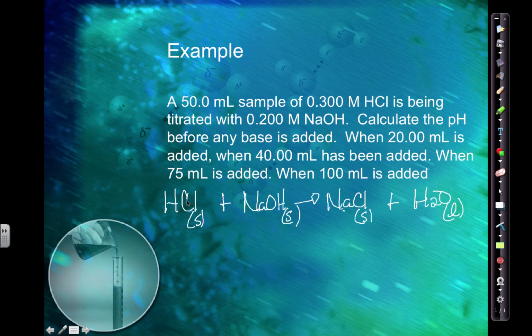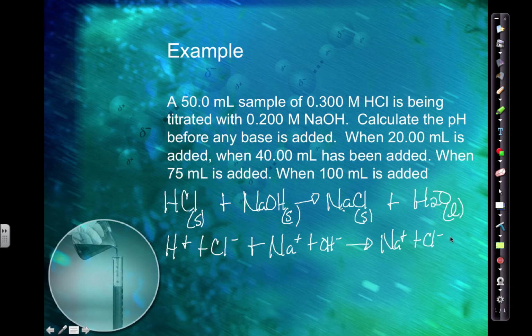So really, we have the ions that are broken up, so I'm making my net reaction. If it's soluble, we're going to break it up into ions. Same thing for the sodium hydroxide. And then on the product side, I have NaCl, that will be broken up as well. And then water, which can't be broken up, it's a liquid.